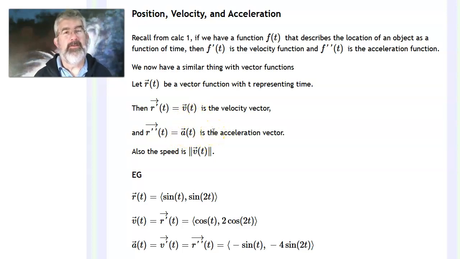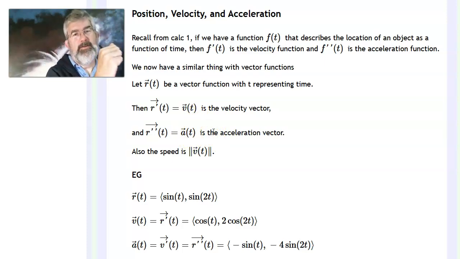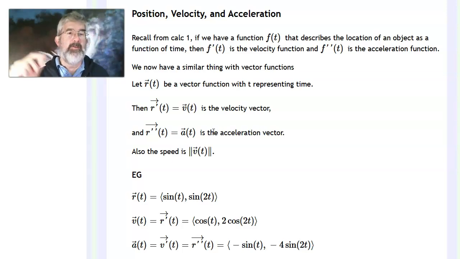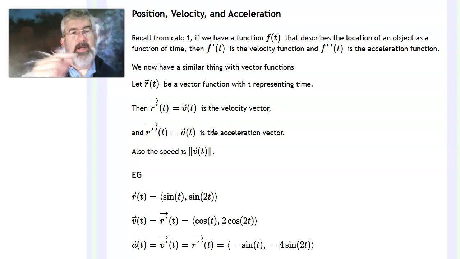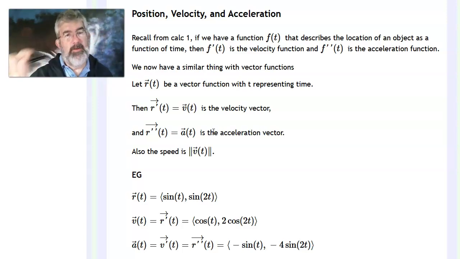But these are now vectors. It's not just speeding up along a line, or for velocity, how fast are you going along a line, or the acceleration is how is that velocity changing as you move along the line. You're now saying as you move along in space.